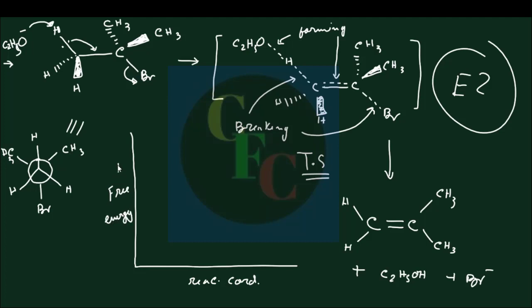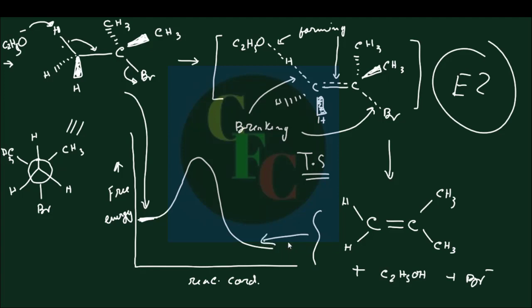If we write energy like this, there will be only one hump. This position will be for the reactants, here will be the products, and the top of the hill is the transition state, that is this species.